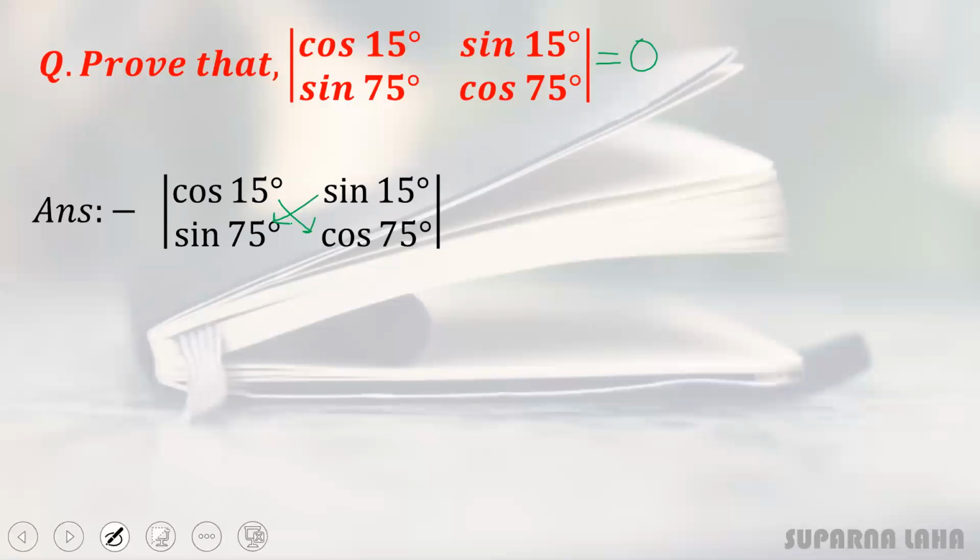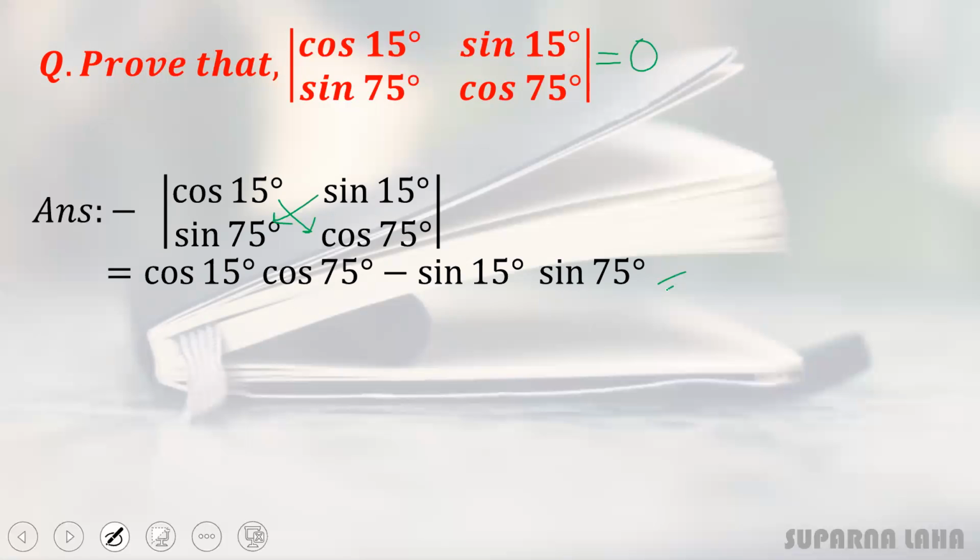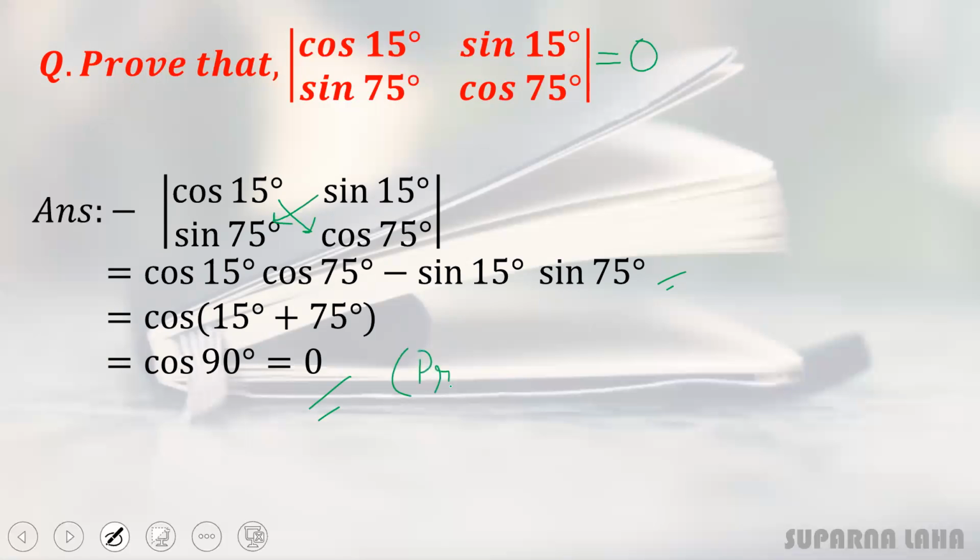So cos 15 into cos 75 degree minus sin 15 degree into sin 75 degree. This is the formula of cos(A plus B): cos A cos B minus sin A sin B. So write down cos(A plus B), that is 15 degree plus 75 degree. That means cos 90, which is 0. So we prove that. Proved.